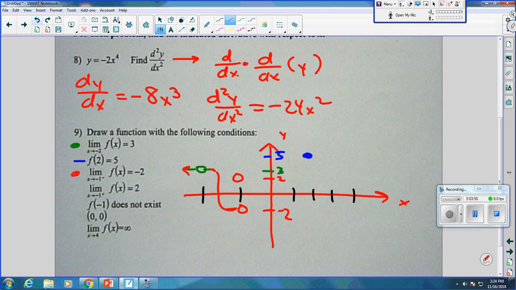I think that's super inclined. And then it says it doesn't exist. So guys, you can't fill in either circle at -1, okay, to make this condition true. Then it says, hey, we have a point at the origin. Woo, big deal. And then it says at 4, it goes to infinity.